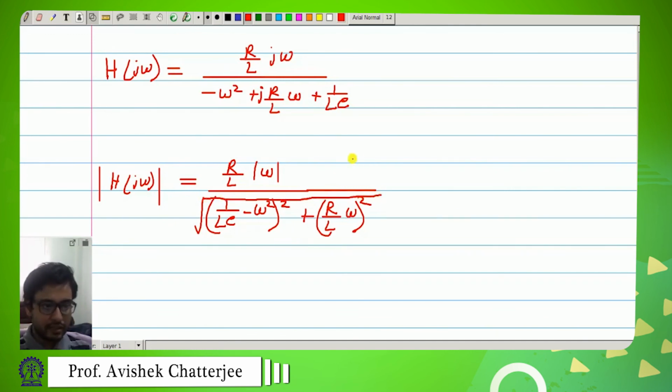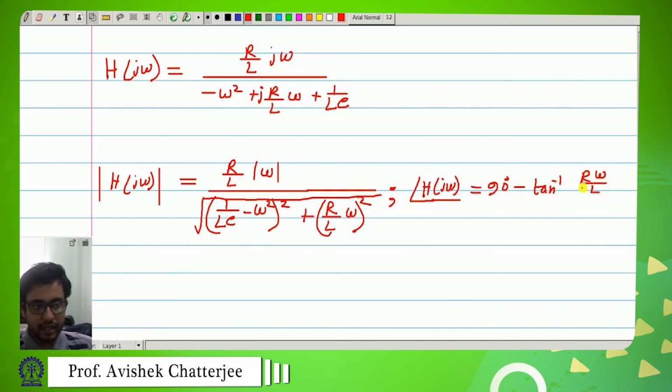Okay, and the angle of H(j omega) will be equal to the angle of the numerator, which is 90 degrees, minus the angle of the denominator, that is tan inverse of (R omega by L, the imaginary part, divided by 1 by LC minus omega square).